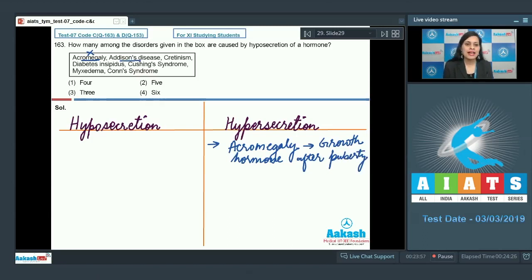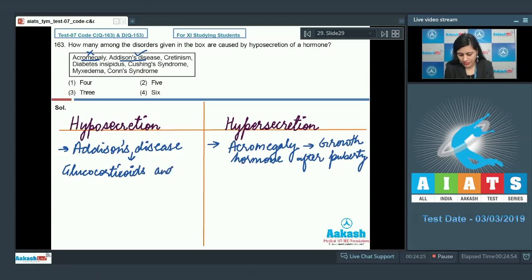The next option, Addison's disease, is a correct option because Addison's disease is caused due to hyposecretion of glucocorticoids and mineralocorticoids.